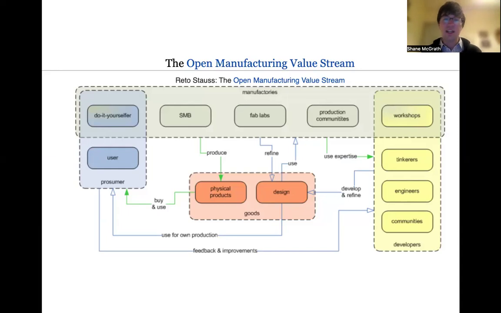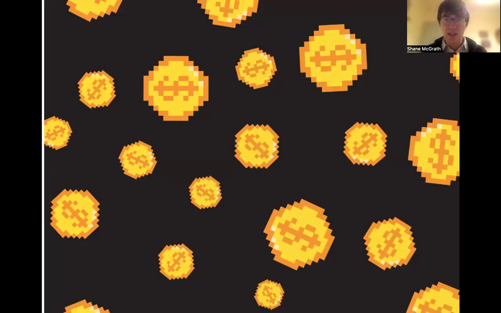Again, this is an example of this virus-like structure where you have some things that are centrally operated, such as design and physical products, and then you might have the engineers and developers as nodes around the central authority, and then the fabs or production communities or SMBs, and then the users and prosumers, the do-it-yourself parts of the organization.